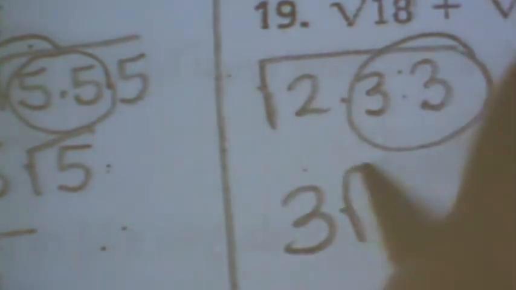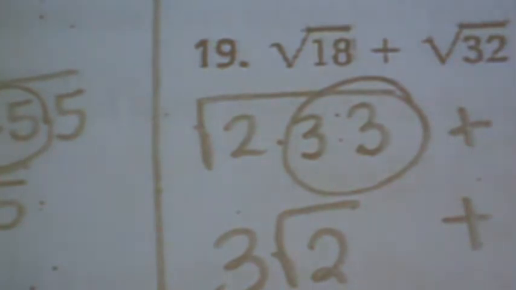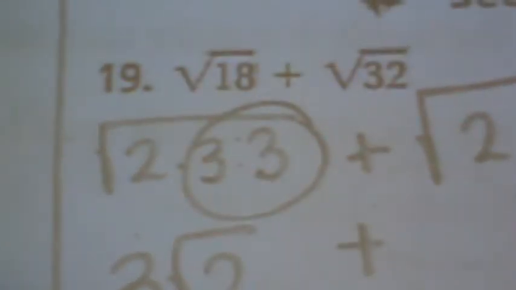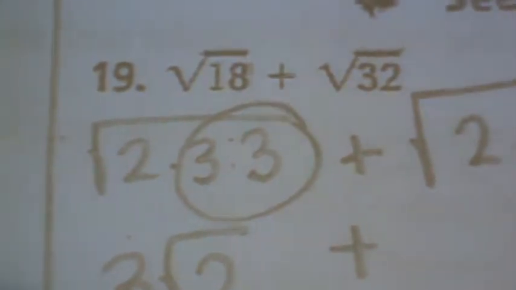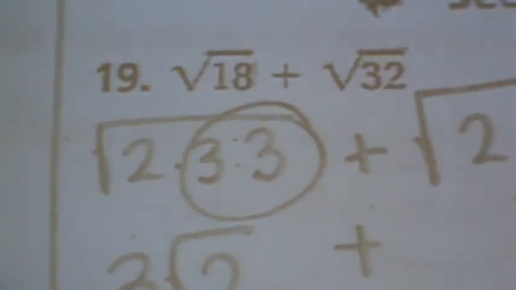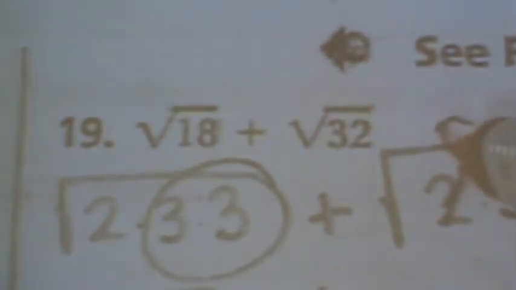And the last one. How do you break 18 up? 2 times 2 times 9, and break down the 9 to 3 and 3. And then, what is 32? 8 times 4.